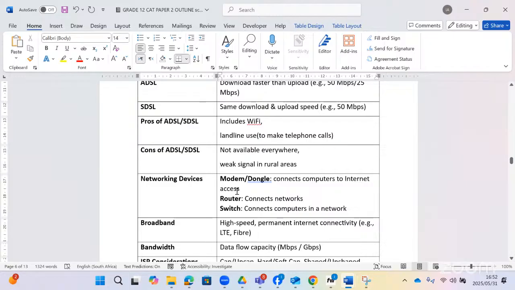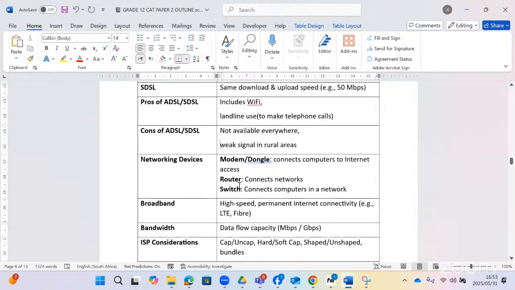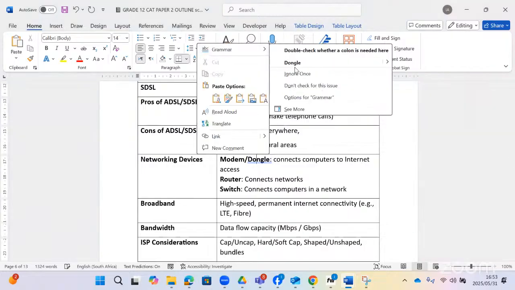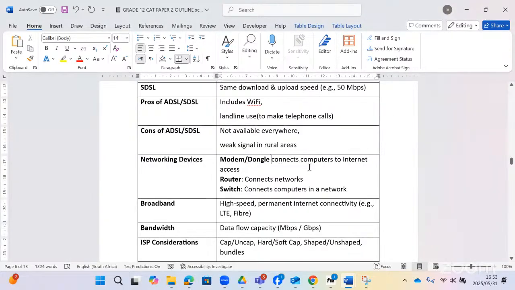Then the network devices. You should know how to compare these devices. Now, a modem, sometimes we call it a dongle also. It's a network device that connects computers to the internet. Now, if you have one computer and you want to connect it to the internet, you need a modem or a dongle.